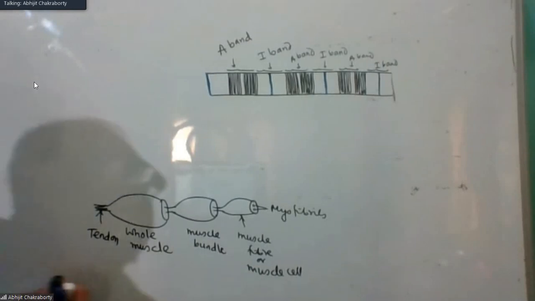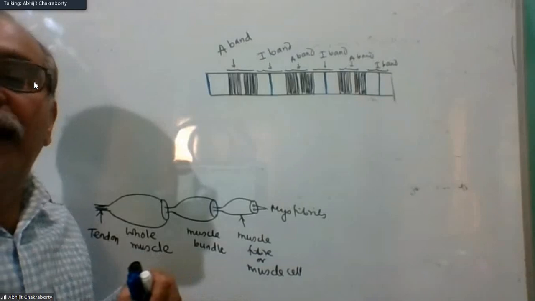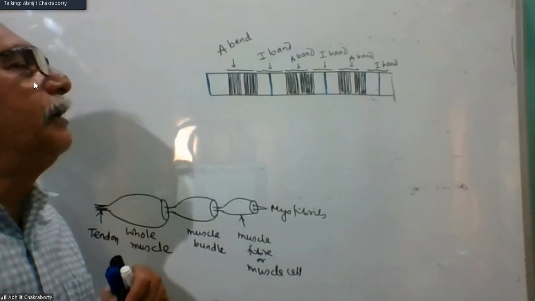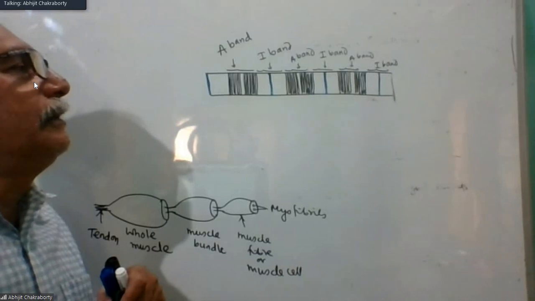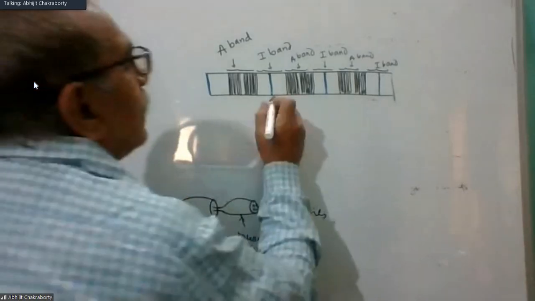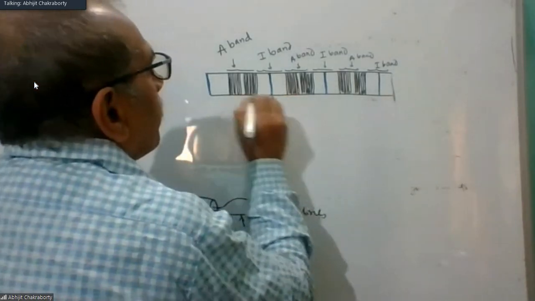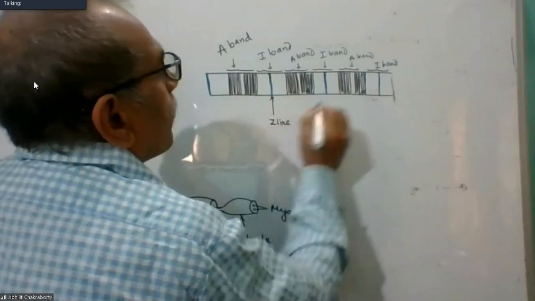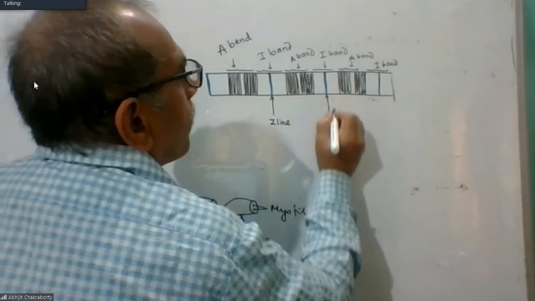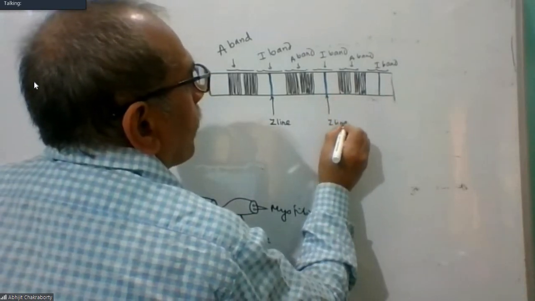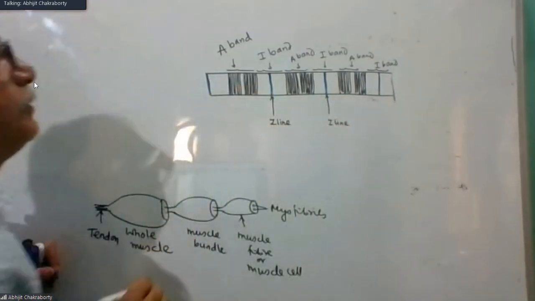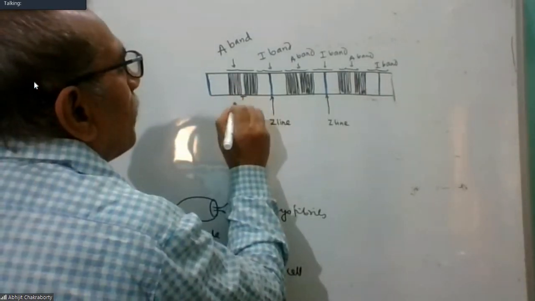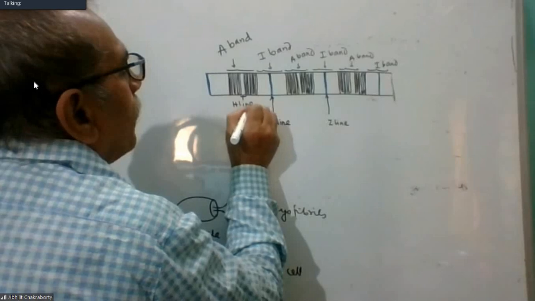Dark bands are called the A-band and light bands are called the I-band. In the center of the I-band, there is a darker line called the Z line. And in the center of the dark band or A-band, there is a lighter line called the H line.